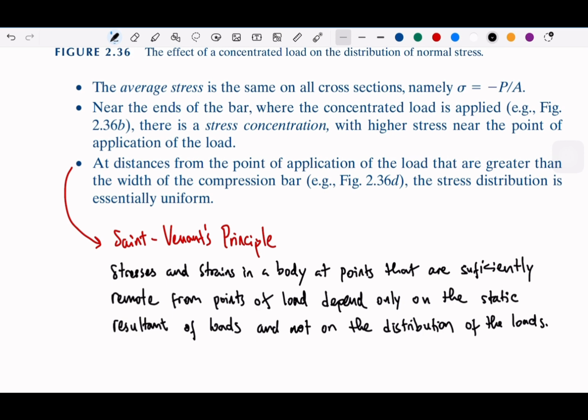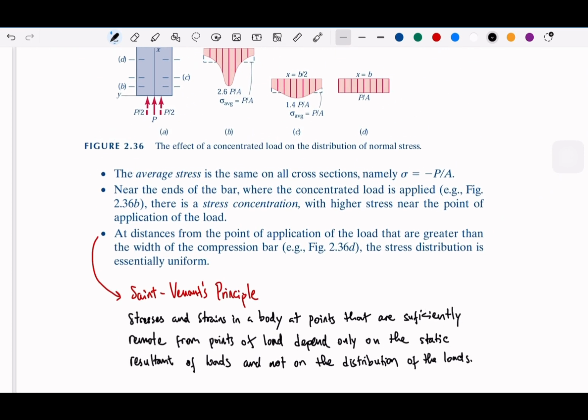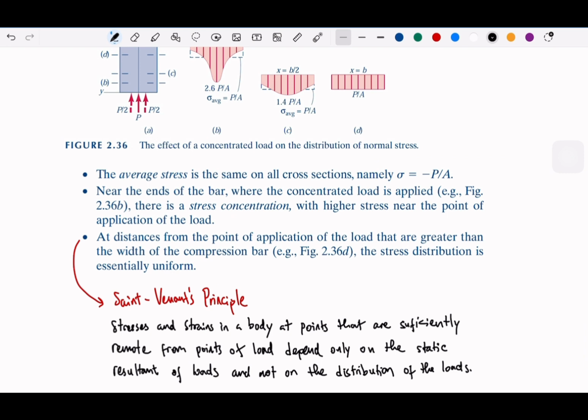So the stress distribution at the picture here, at the right one, when x equals b, it would not greatly change or alter if the single load P at the bottom end of the bar were to be replaced by maybe P over 2 symmetrically applied on the bottom side.